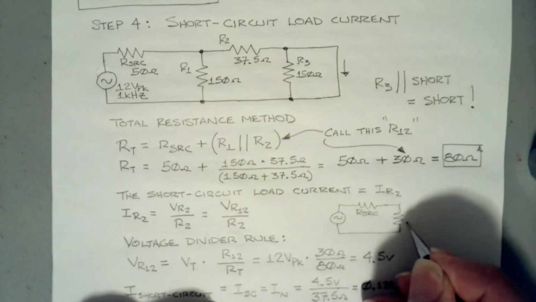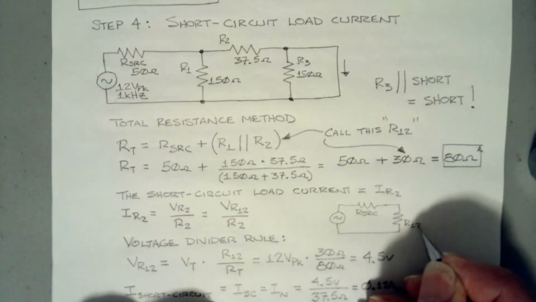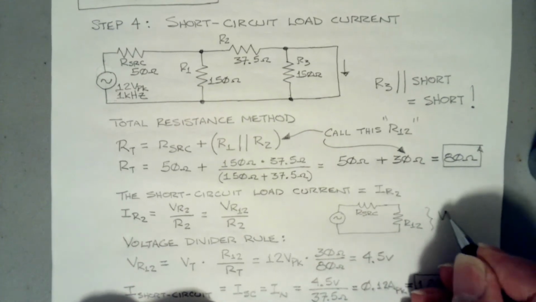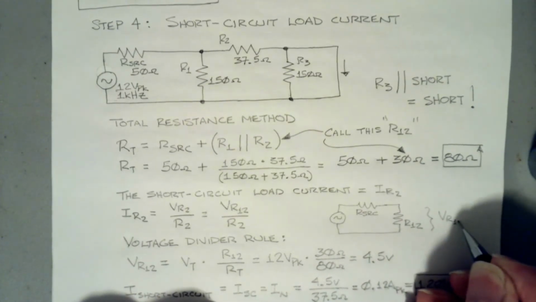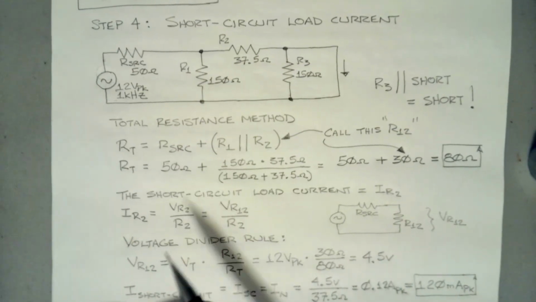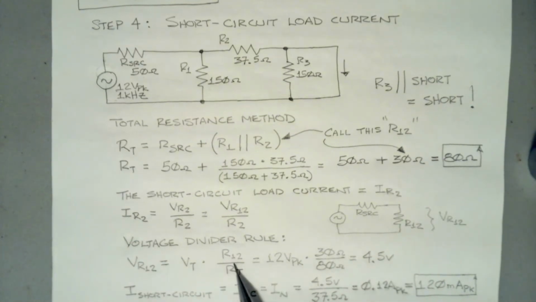And there's R12 right there. So we want this voltage of VR12, and we can get that pretty easily from the voltage divider rule. First off, the voltage divider rule isn't the shortcut it claims to be all the time.